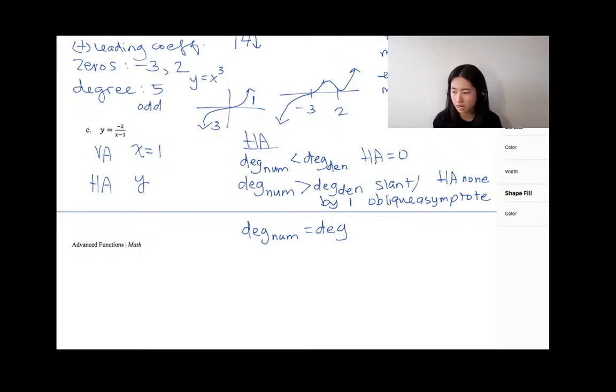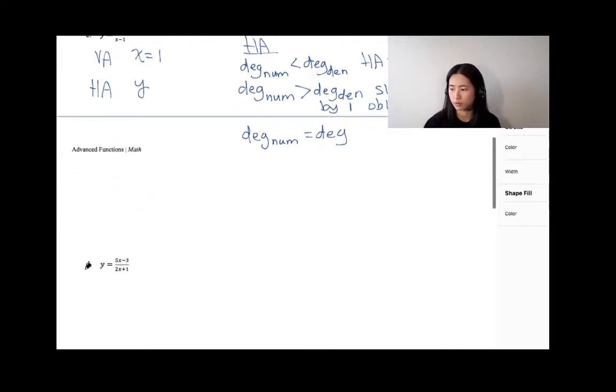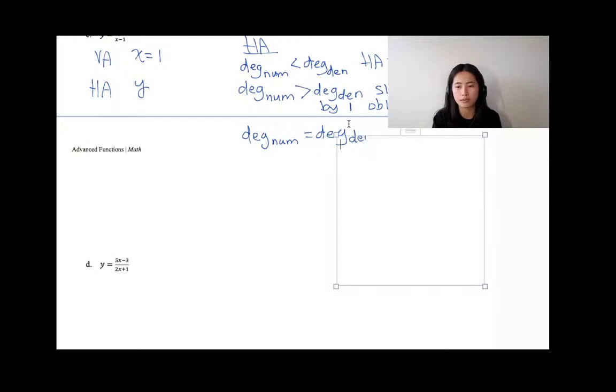which we can see here at the bottom. If you guys can see this, the degree of your numerator is 1, the degree of your denominator is 1, and they're equal to one another. You need to look at your end behavior. In that case, you would have to divide your numerator and your denominator by the highest power of x.